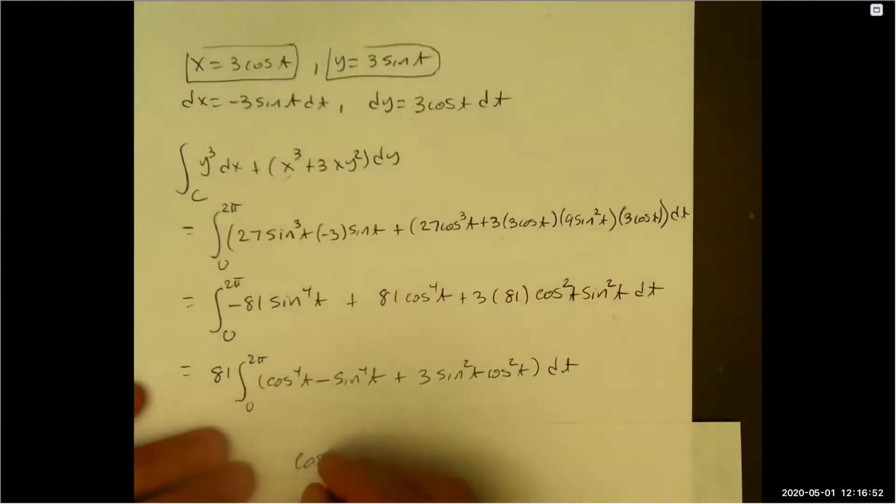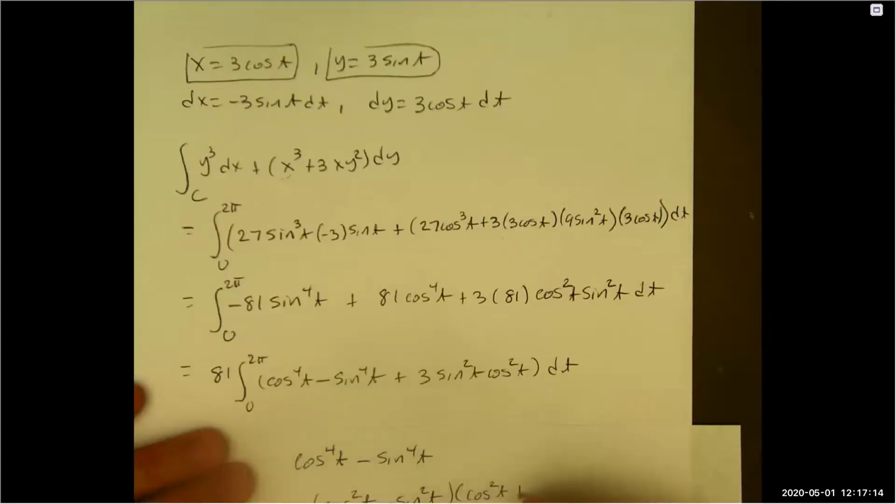If you have cosine to the 4th of t minus sine to the 4th of t, do you see that that would be the same thing as cosine of 2t? Because this is the same thing as cosine squared of t minus sine squared of t, times cosine squared of t plus sine squared of t.